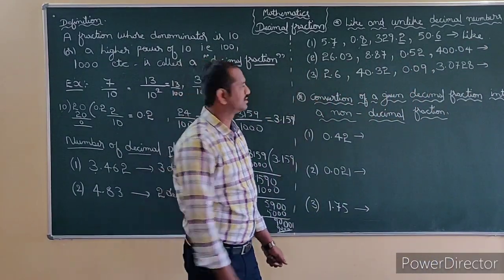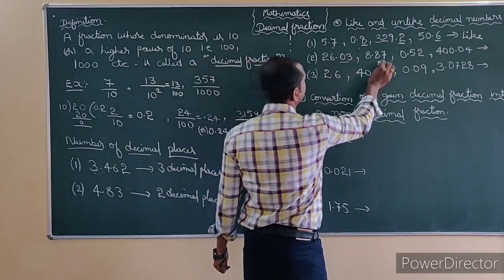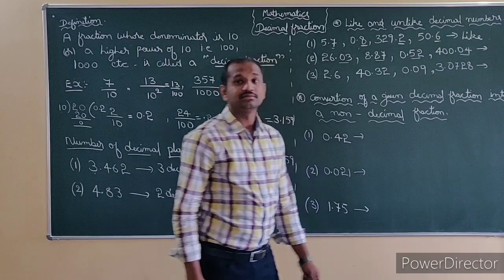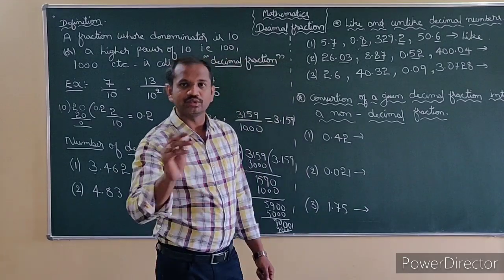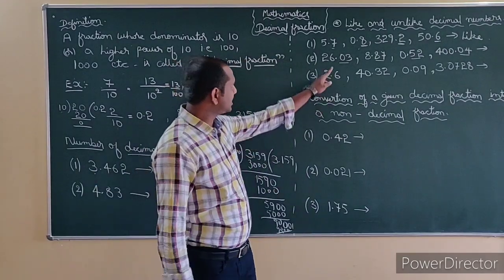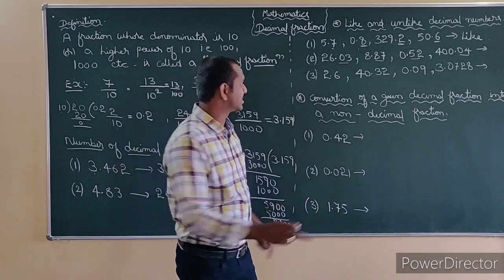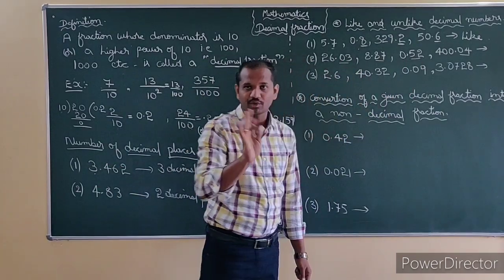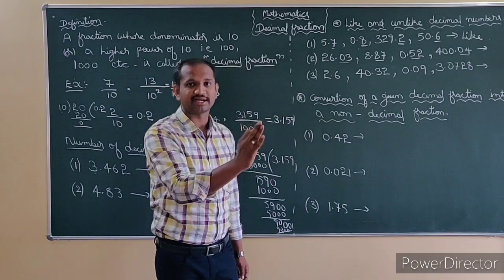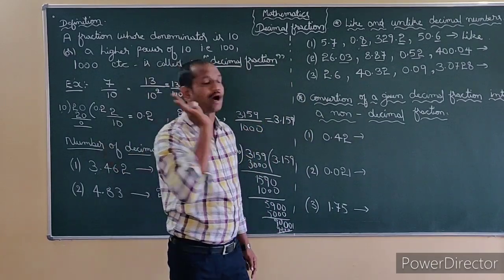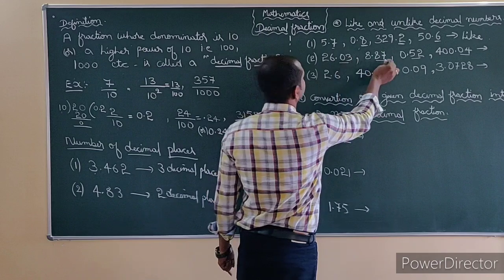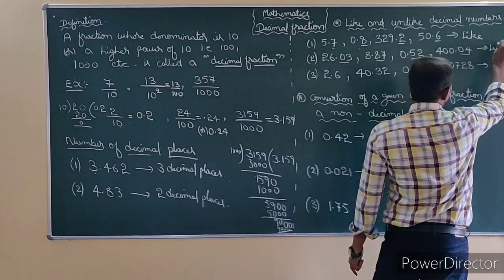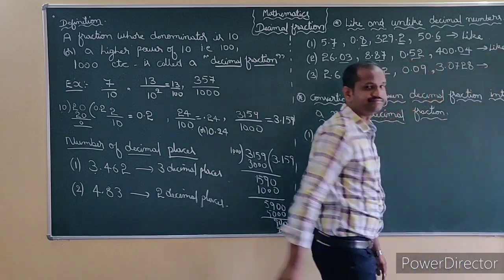Let us see the second one. We have 2, 2, 2, 2. We will never consider the left side, where we have 2, 1, 1, 3. After the point, towards your right side, how many numbers? Here it is 2, 2, 2, 2. Hence it is called like decimal numbers.